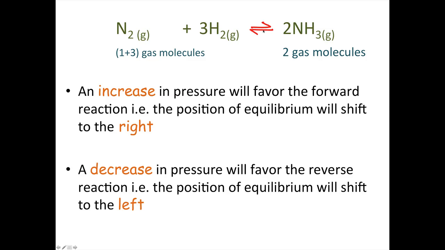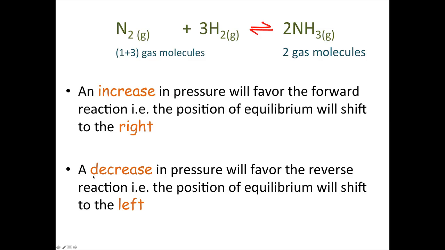Why? Because if you increase pressure, the position of equilibrium is going to shift to where there are fewer gas molecules. In this case, it will be this side. All right, so you see here, the position of equilibrium will shift to the right. So you're going in this direction here. So it means that you're going to get an increase in ammonia if you increase the pressure.